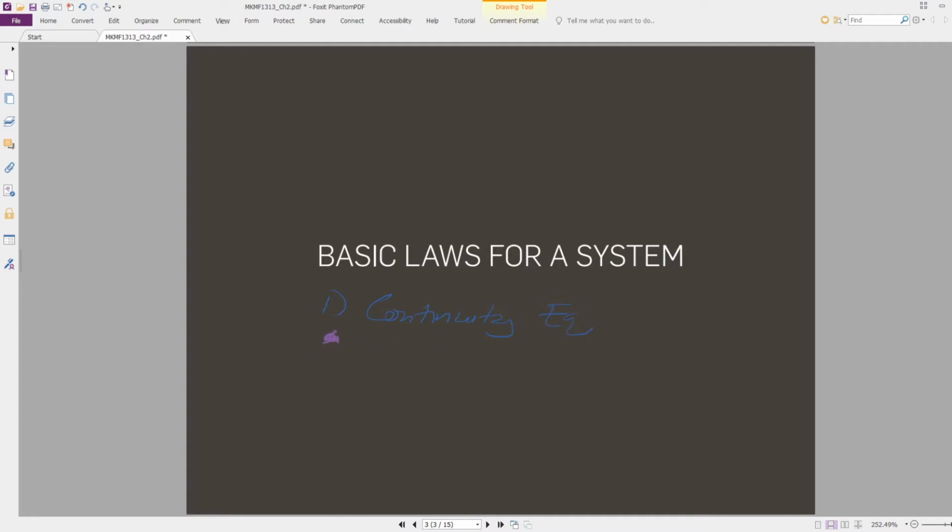Number two, we have the momentum equation. The continuity equation deals with the conservation of mass that enters the control volume at one point and leaves the control volume at other points.